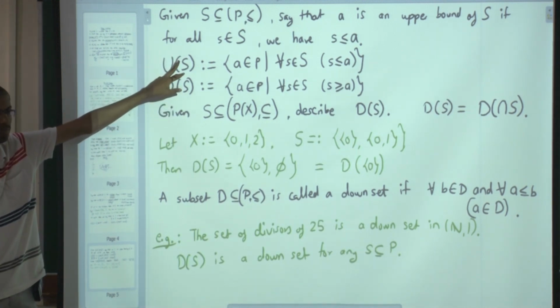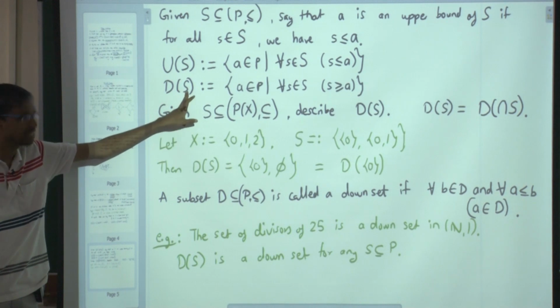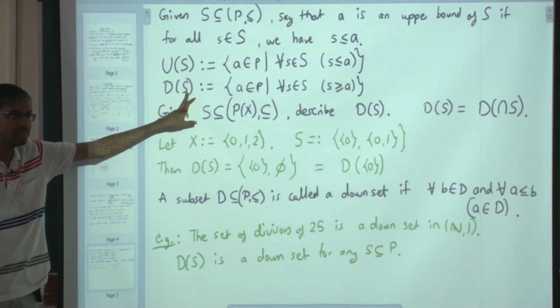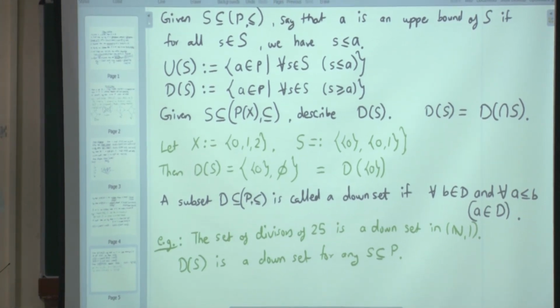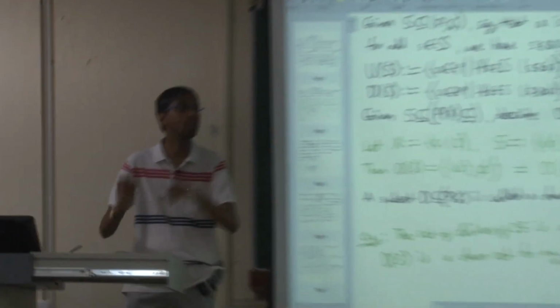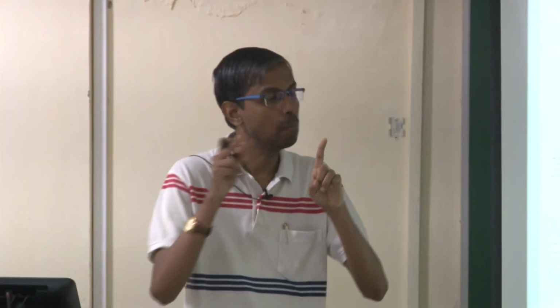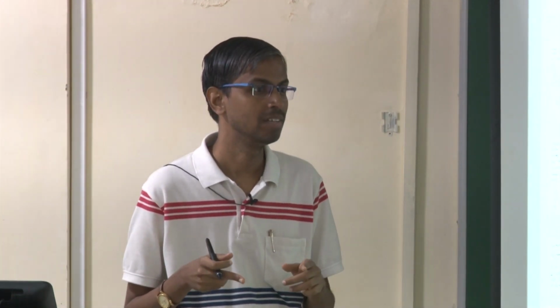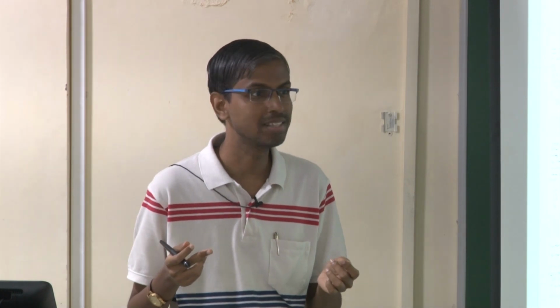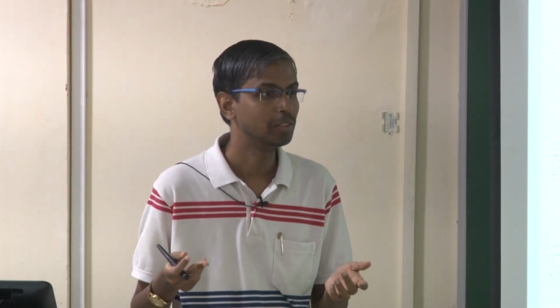S was a subset and then I defined the downset of S. Now what I am saying is that the downset of S is also a subset of P and that is a downset on its own. The downset of S is a downset. The upset of S is an upset. But in English, down also means, if somebody is down, then they are upset. So downset and upset don't really mean anything different in English. But in maths they mean something different. Okay.